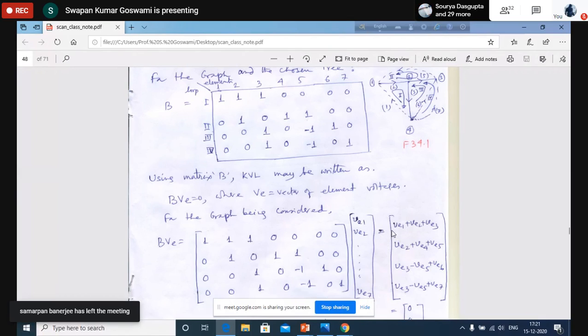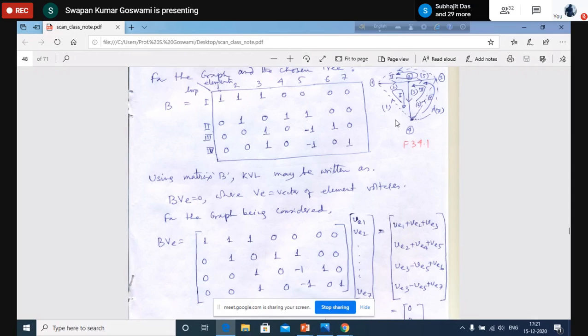So what is V1 plus V2 plus V3 in loop 1? We shall have to see. What is V2 plus V4 plus V5 in loop 2? V3 minus V5 plus V6, what is it in loop 3? And V3 minus V5 plus V7 in loop 4.